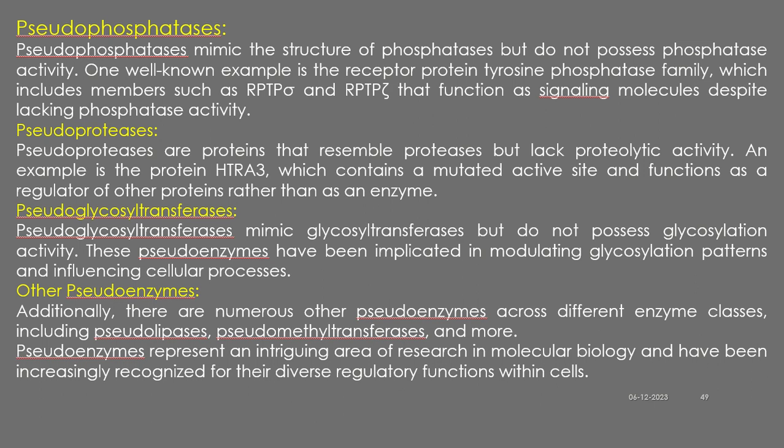As concluding remarks, I have given three lines. Pseudophosphatases also mimic the structure of phosphatases but do not possess phosphatase activity. Same with pseudoproteases, which contain mutated active sites and function as regulators of proteins. Then pseudoglycoside transferases resemble glycoside transferases but do not possess glycosylation activities.